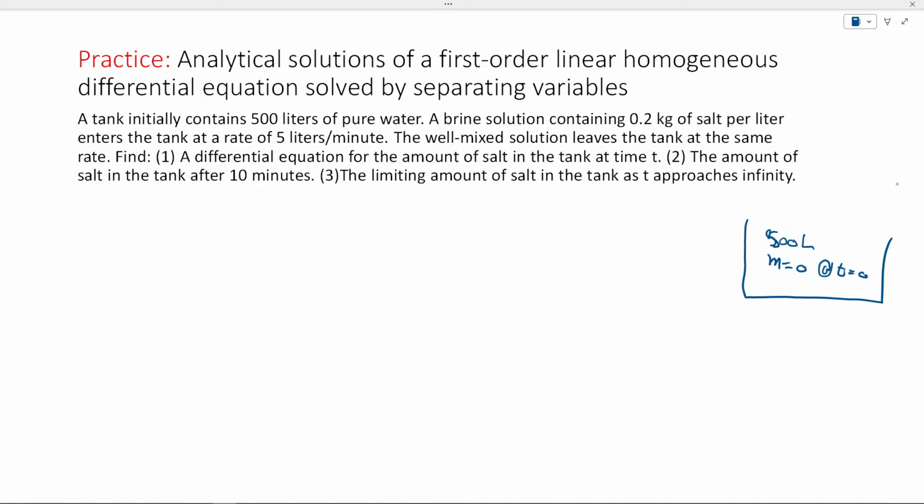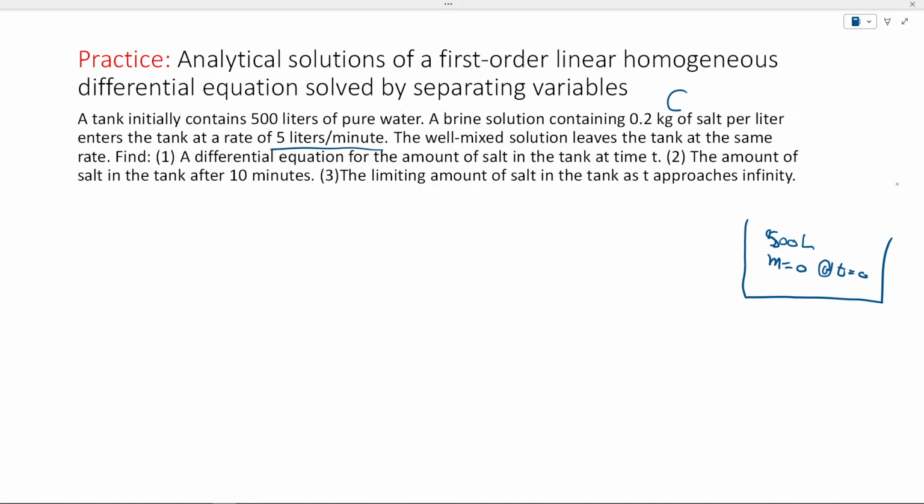A brine solution containing 0.2 kilogram of salt per liter enters the tank at a rate of 5 liter per minute. So now I have some concentration entering at some velocity.